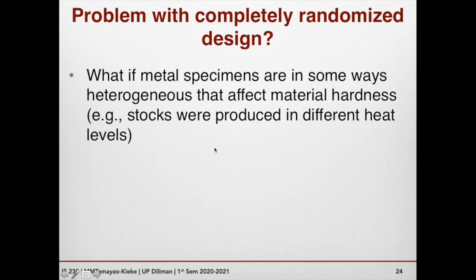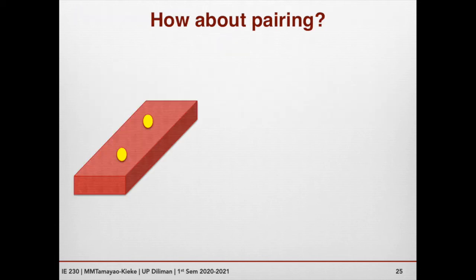Some problems can arise though, because what if the metal specimens are in some ways heterogeneous in ways that affect material hardness? For example, stocks were produced at different heat levels. This inherent variability of the specimens may distort the measured hardness and could therefore inflate the experimental error, making it harder to detect the true difference between the two indenters.